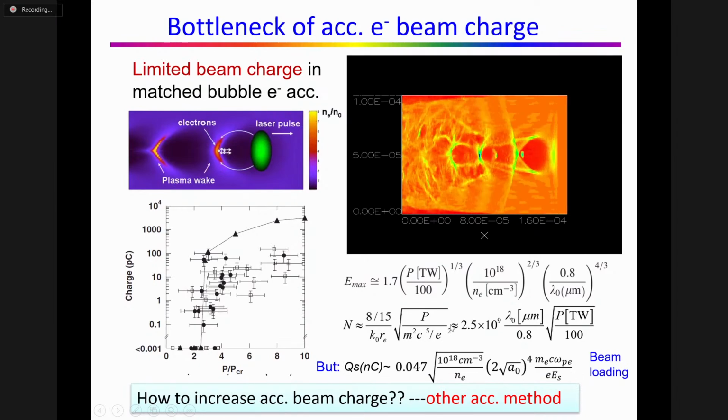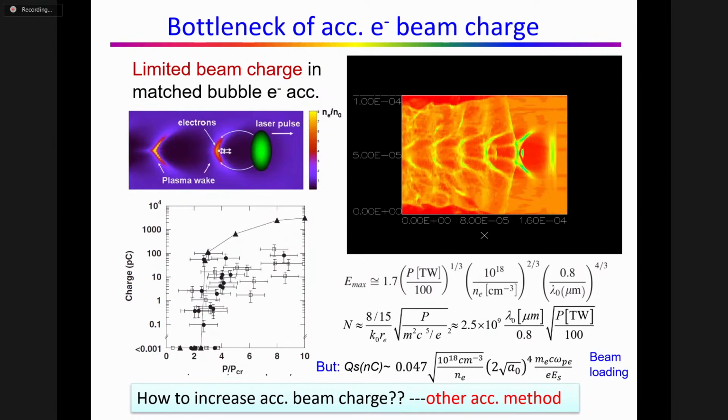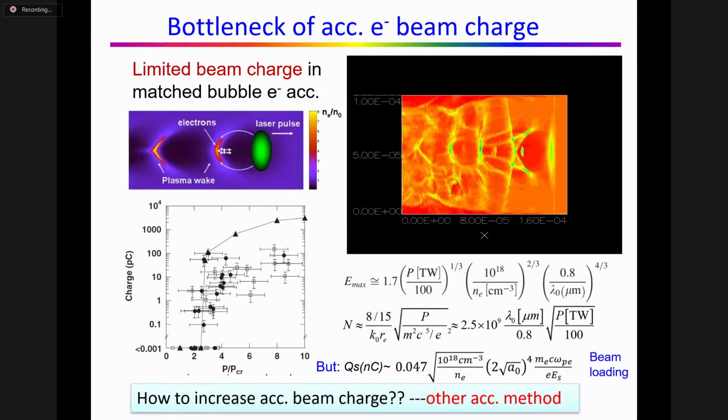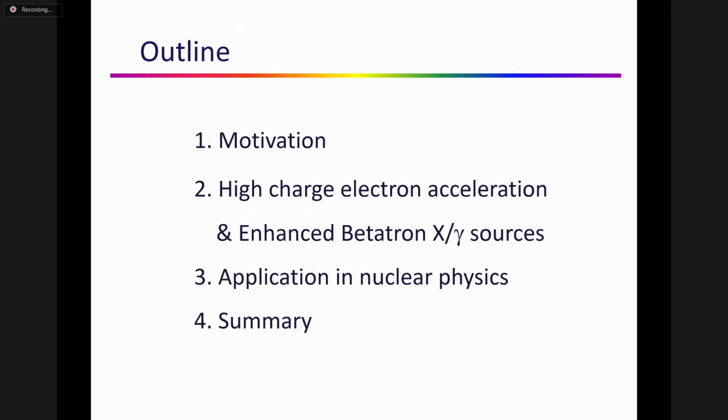So how to increase the accelerated electron beam charge is really an important topic. So we need to find some other way away from the matched condition for the bubble situation.